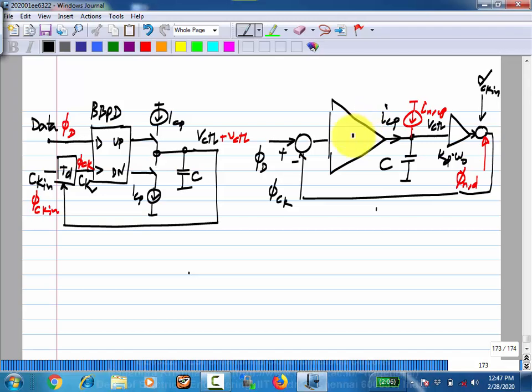What will that be? It should be a nonlinearity, basically a comparator, and essentially its nonlinearity is like this. It is either plus ICP or minus ICP depending on phi d minus phi ck.